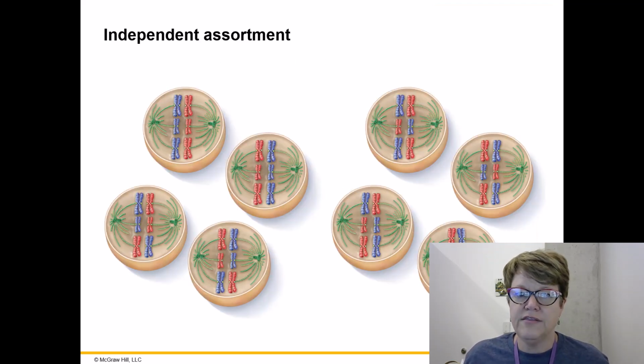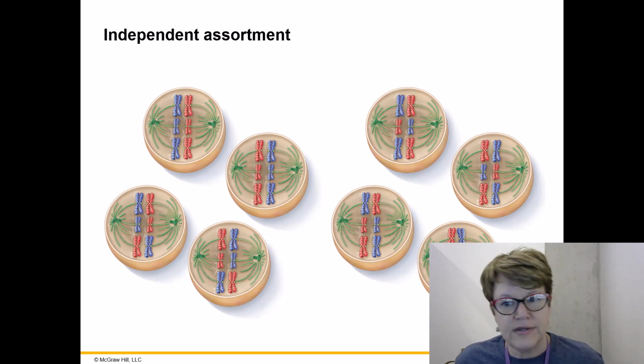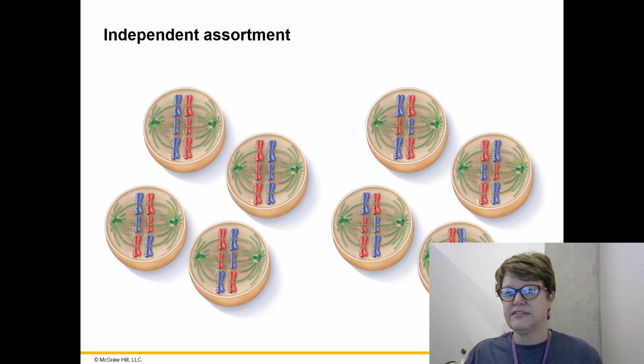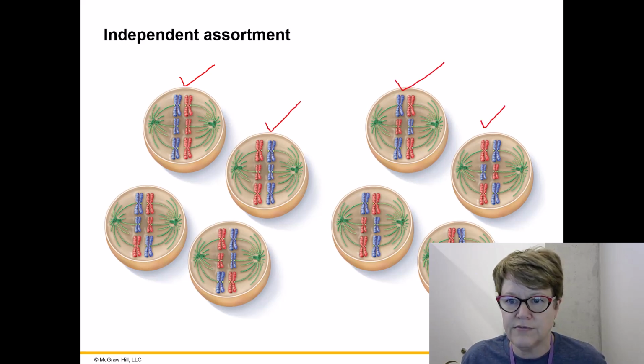Now, the way that the chromosomes get pushed to the metaphase plate, in this diagram, they're suddenly showing 3 chromosome pairs, but in any case, we'll live with it. It can happen randomly. So when meiosis happens, let's say 8 separate times in the same organism, sometimes the chromosomes line up this way, sometimes they line up this way, or this way, or this way. So the way that the chromosomes line up is random.